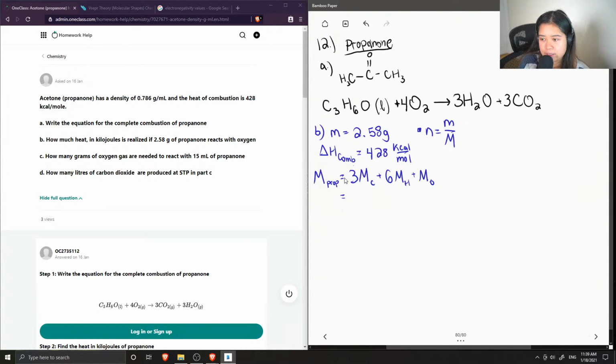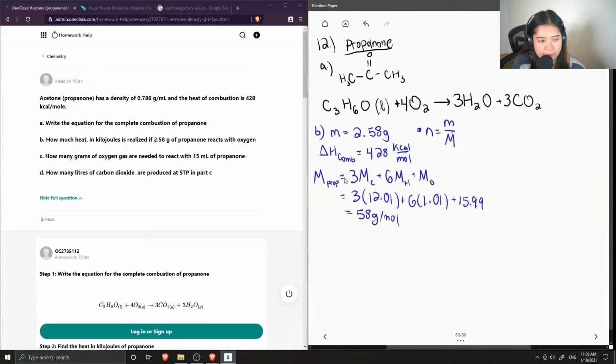So we can find these different molar masses on the periodic table. So for carbon, it's 12.01 grams per mole. And for hydrogen, it's 1.01 grams per mole. And for oxygen, it's 15.99 grams per mole. So now if we add these all up, we get a final molar mass of 58 grams per mole for propanone.